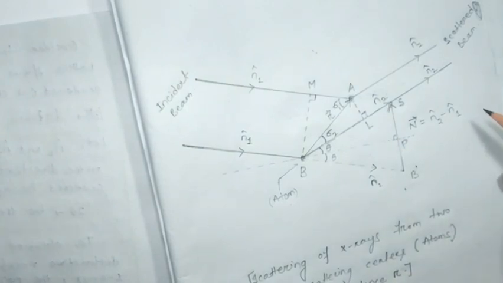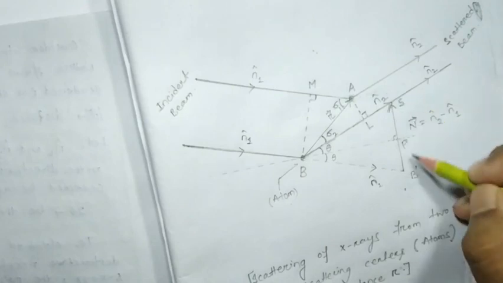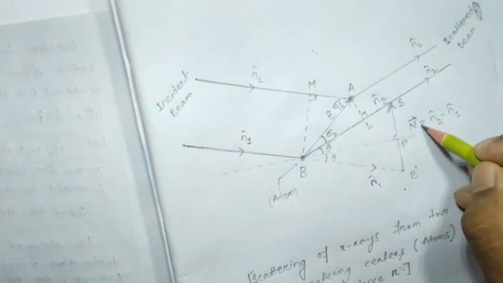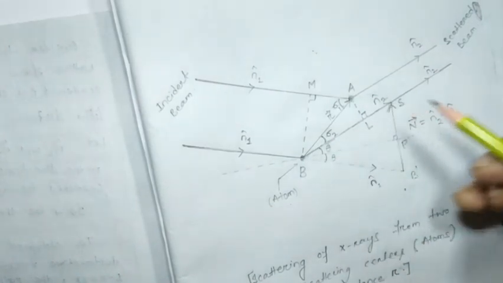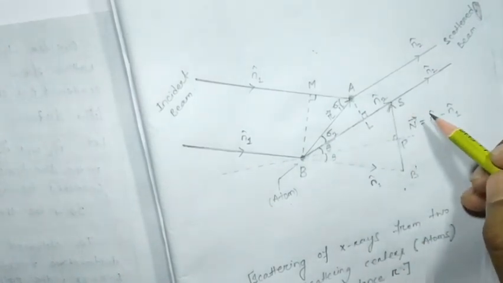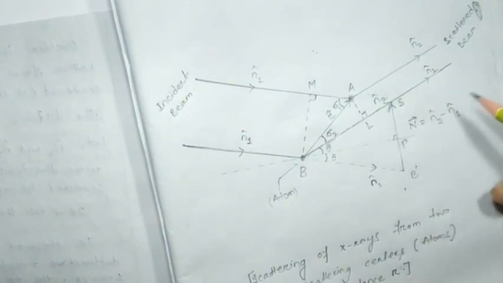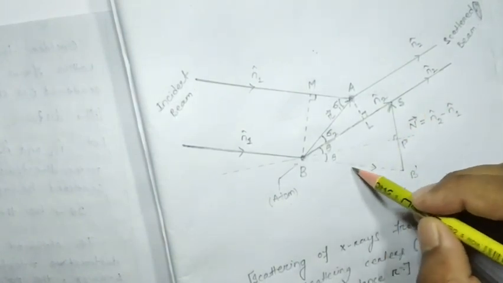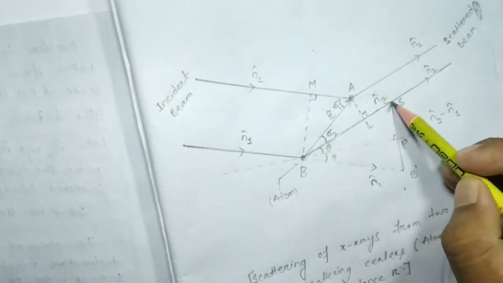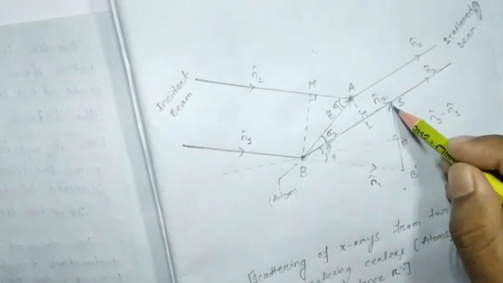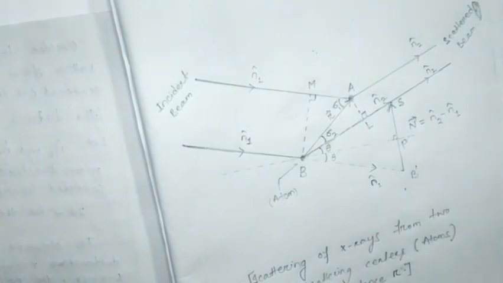Now this vector B dash S is represented by capital N. If I consider the triangle law of vector addition or subtraction, this is n1 and this is n2. Obviously the closing side will be equal to n2 cap minus n1 cap.